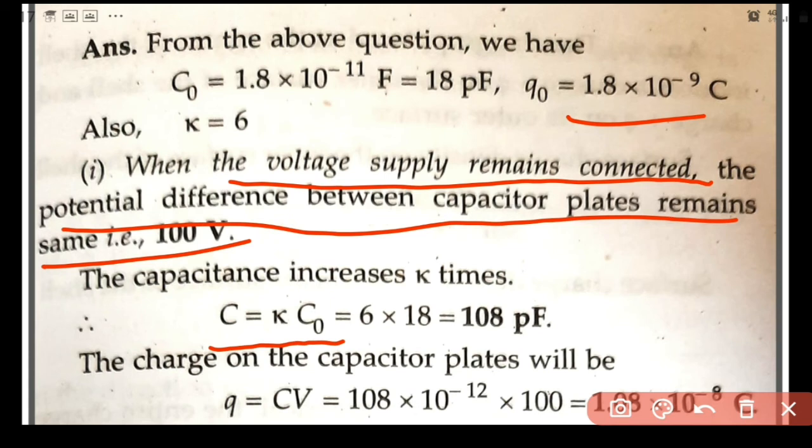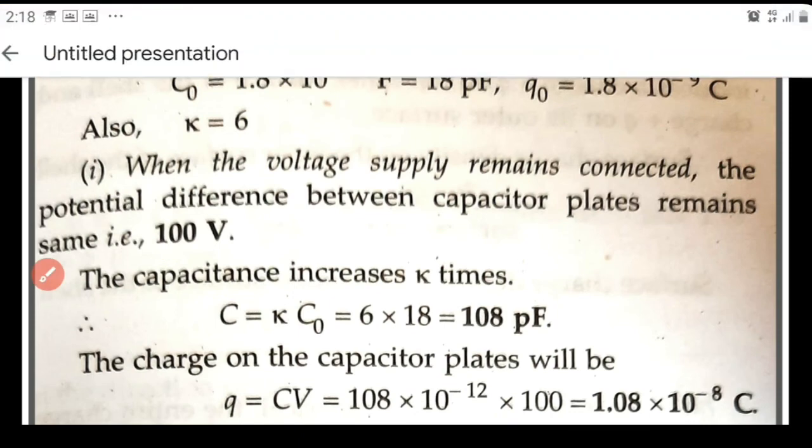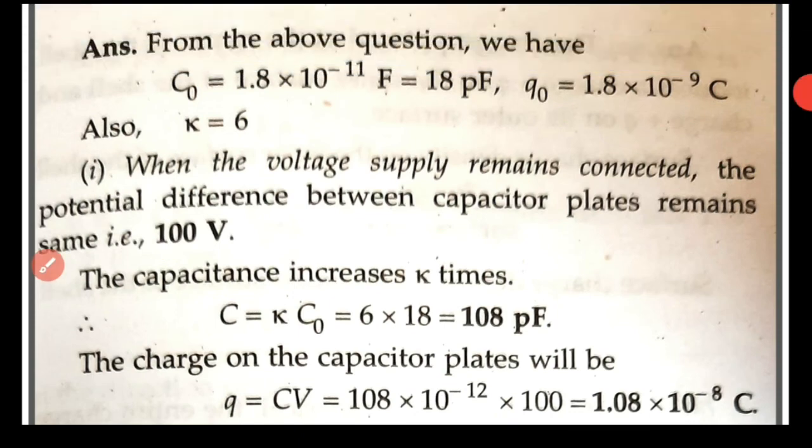Now the charge on the capacitor plates is found using Q equal to CV. Substituting in that equation, we have 1.08 into 10 raised to minus 8 coulomb. That is the answer to the first part.